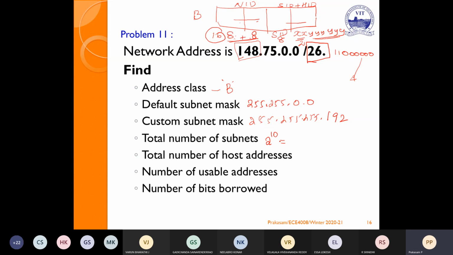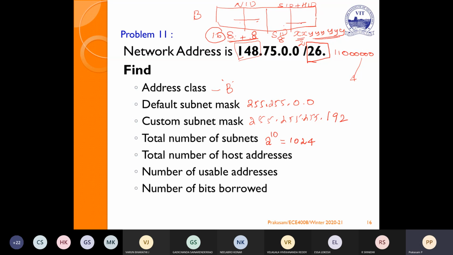So what is 2 power 10? 1024. Suppose you are asking for the total number of usable subnets, then it is minus 2. Kindly keep that in mind.